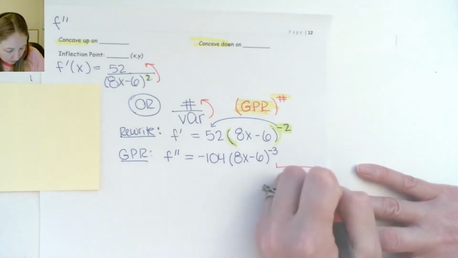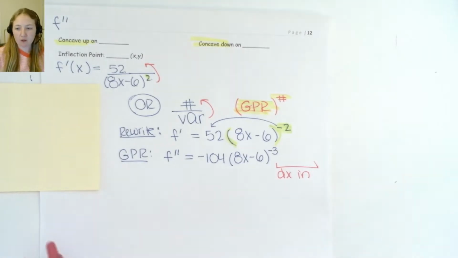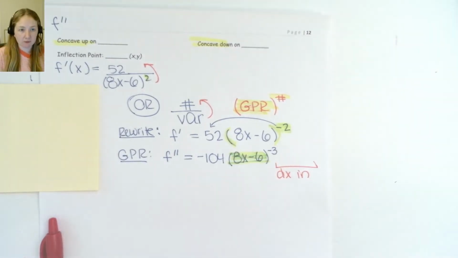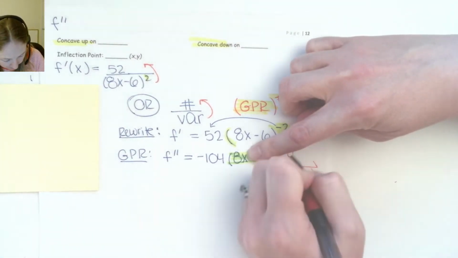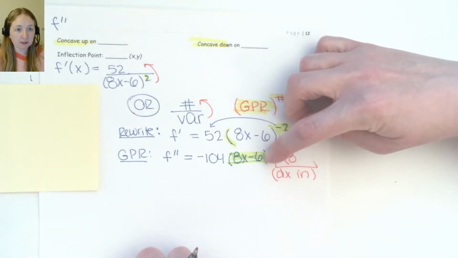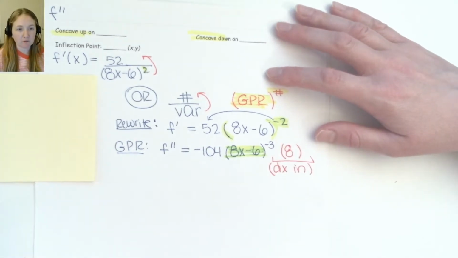Then I will need to multiply that by the derivative of the inner function, the 8x minus 6. The derivative of 8x will simply be 8. And then the derivative of the negative 6 is a standalone constant, so that goes to 0. So my inner function derivative is 8.